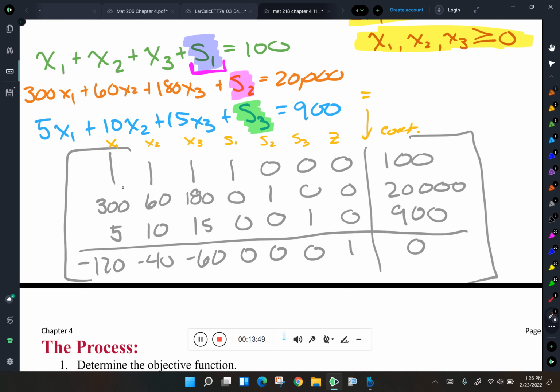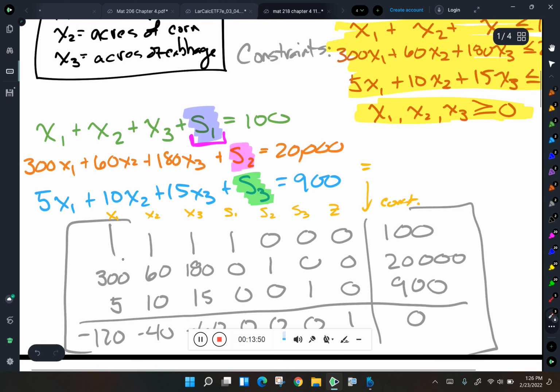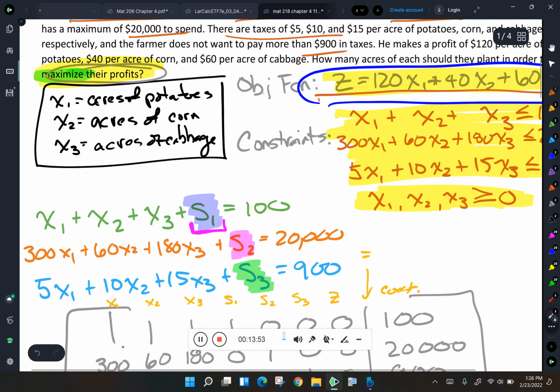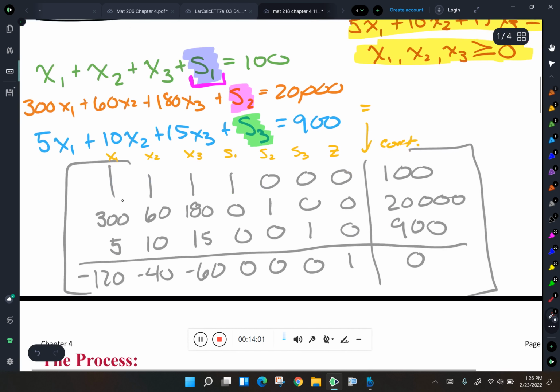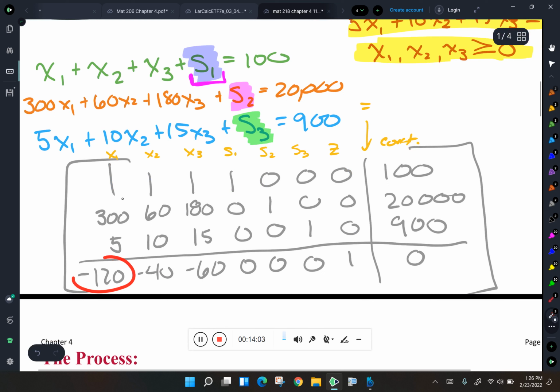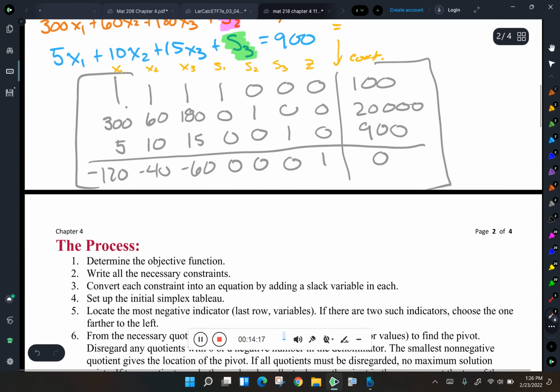And the last row? Well, the last row is kind of hard to see, but if you take your objective function and take all three of these terms and move them to the left, they're all going to become negative. Negative 120x1, negative 40x2, negative 60x3, no s1s, no s2s, no s3s, 1z, and then it would be equal to 0. And that's our simplex tableau.